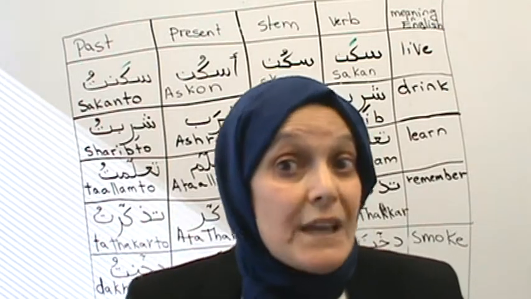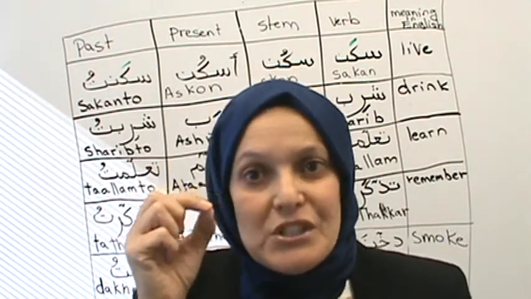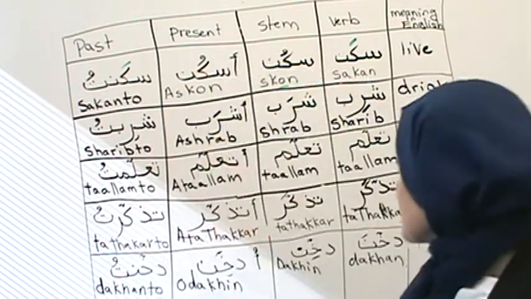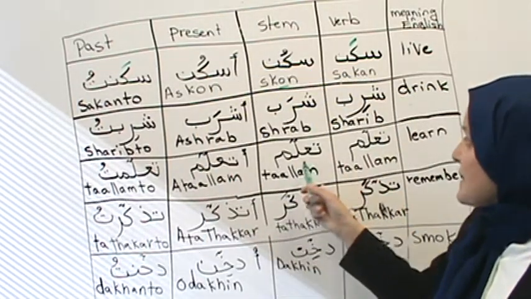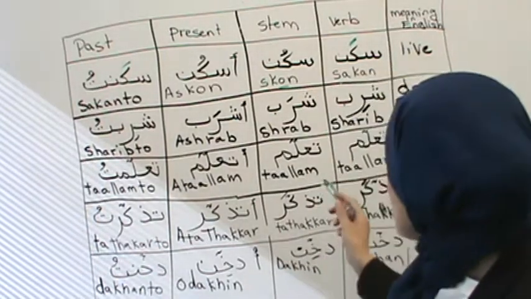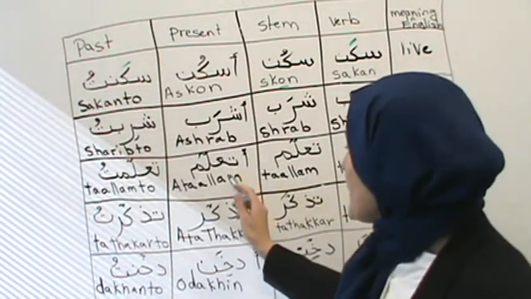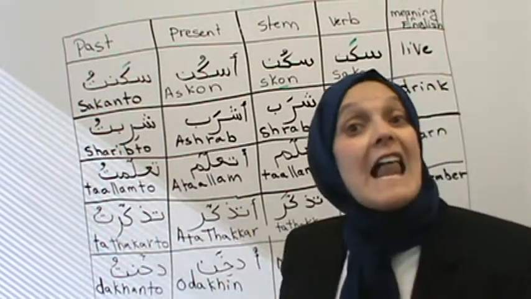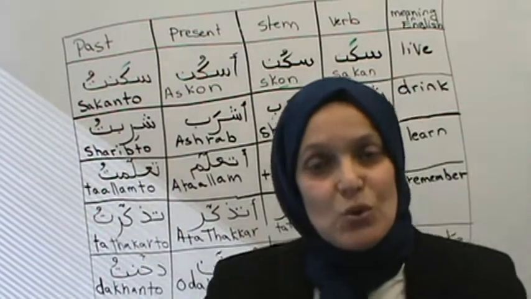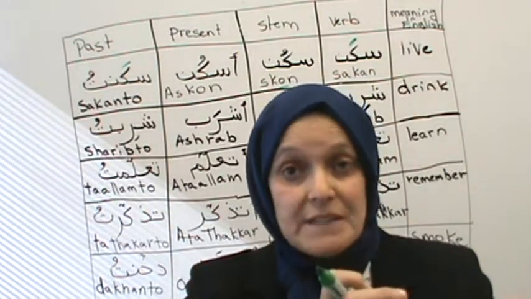In Arabic we can do that, but we combine them and put on the letter a tiny W, and we call this shadda. So ta'allam, and the stem and the verb stay the same. There are no changes made. The conjugation is ana ata'allam. Ata'allam, and the past tense, of course, is the infinitive plus tu.